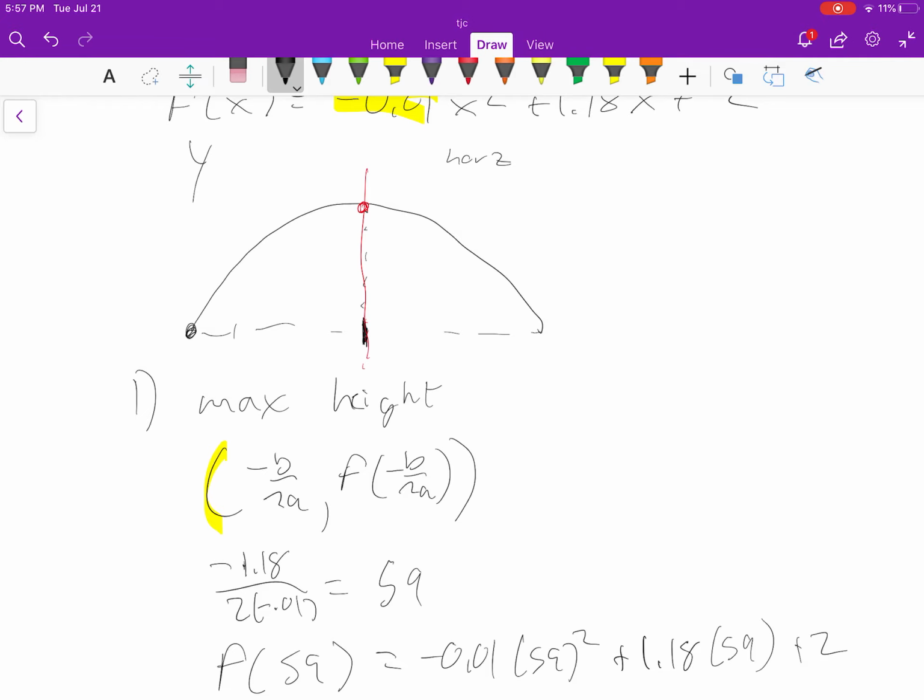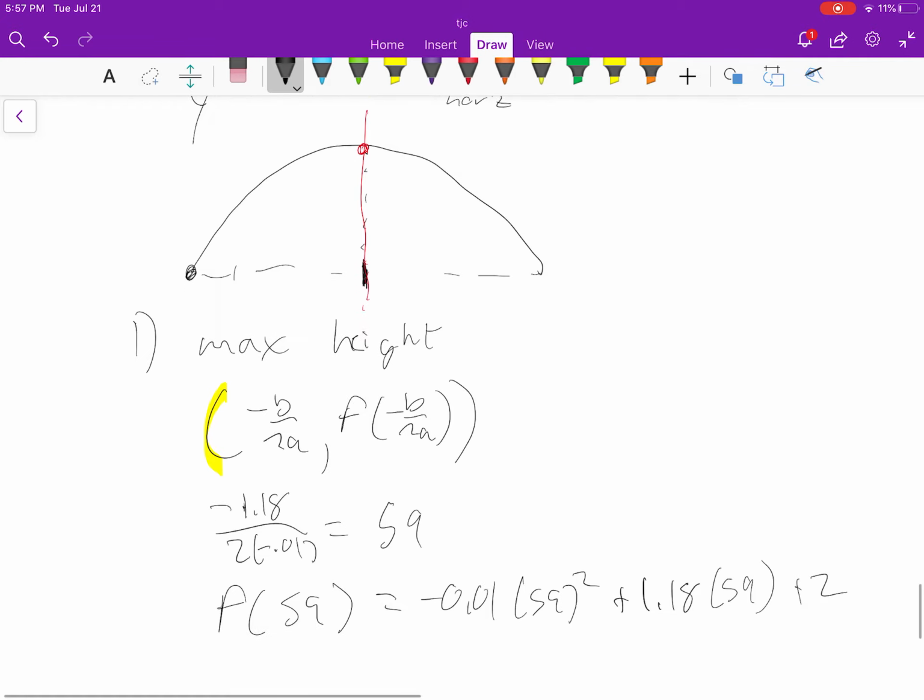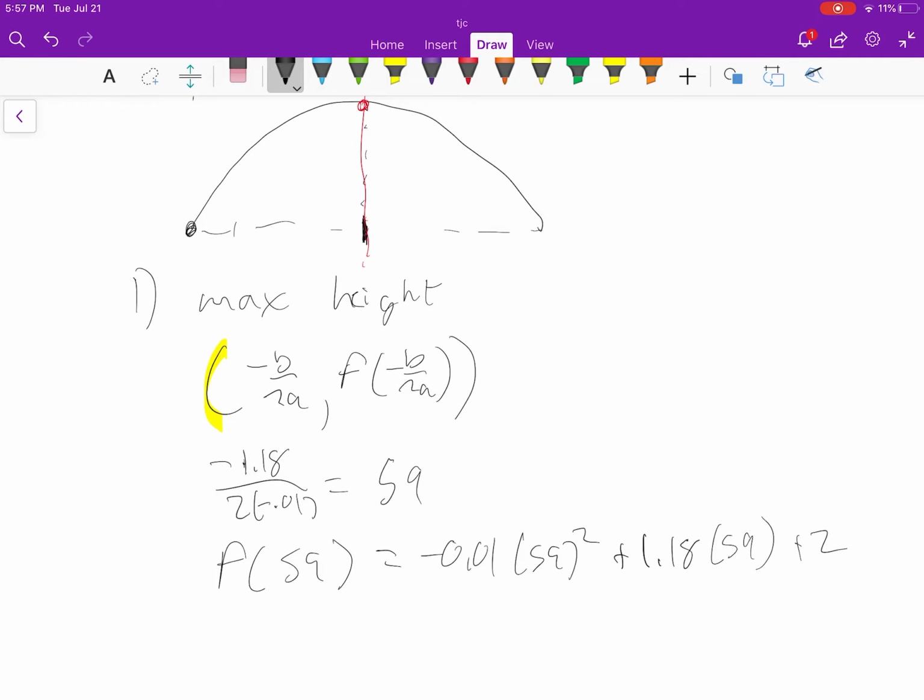If you work this out, I think it comes out to be approximately 38, maybe 36 or 38, somewhere in that range, feet. And that'll give us your height. I leave it to you with the calculator. I don't have a calculator present.